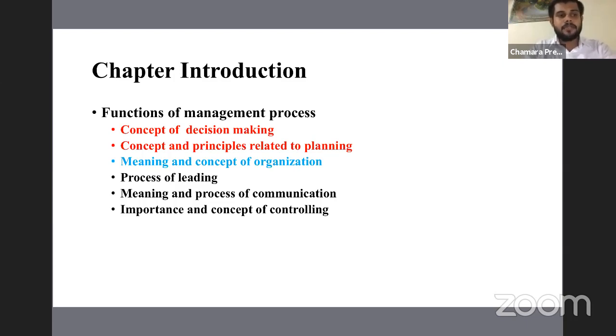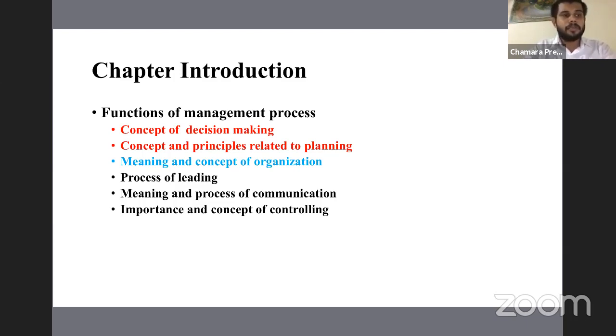In the planning stage, we set goals and objectives. If you don't have a proper communication system and a proper method of communication, we won't be able to communicate these plans and objectives to our subordinates, maybe the stakeholders.